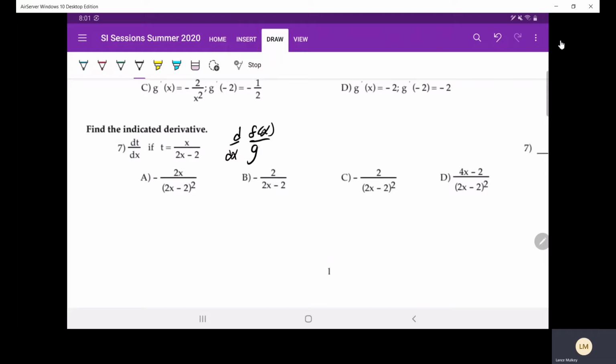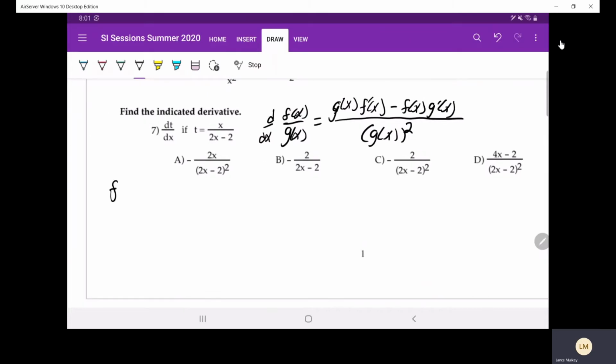Reminding myself of the quotient rule: g of x times f prime of x minus f of x times g prime of x, all over g of x squared. So first things first, f of x equals x, f prime of x equals 1.